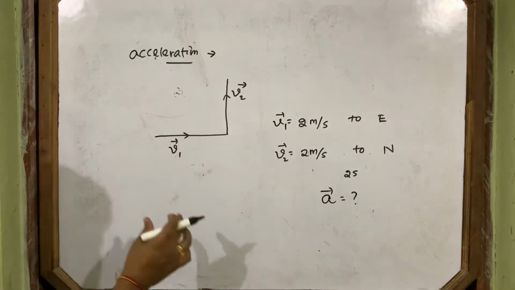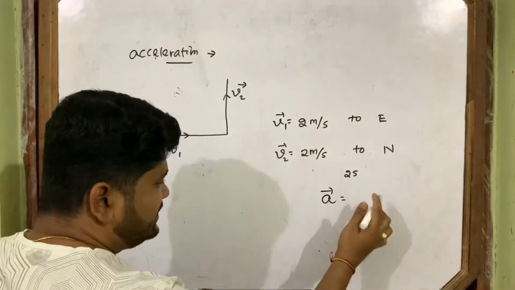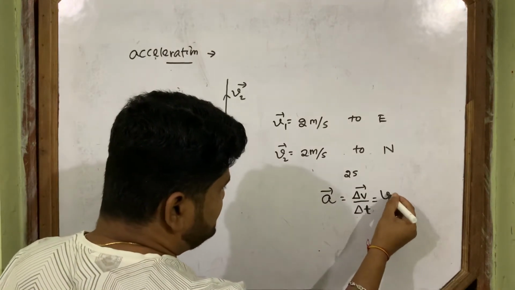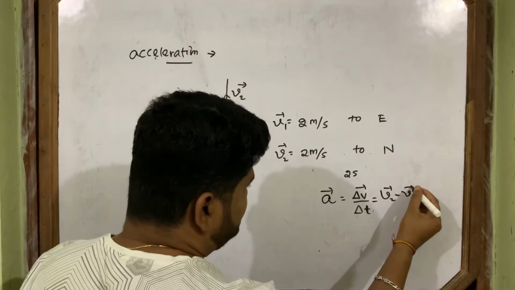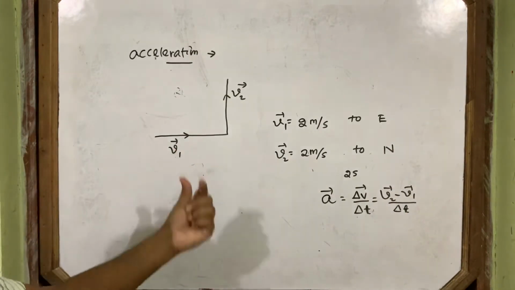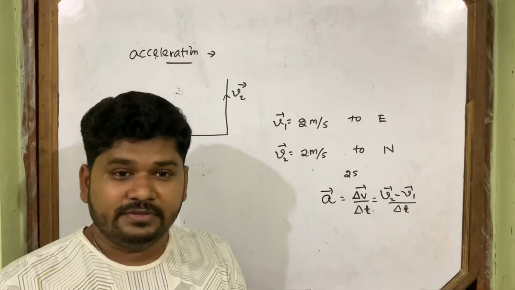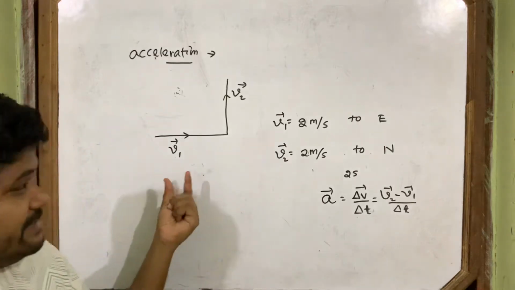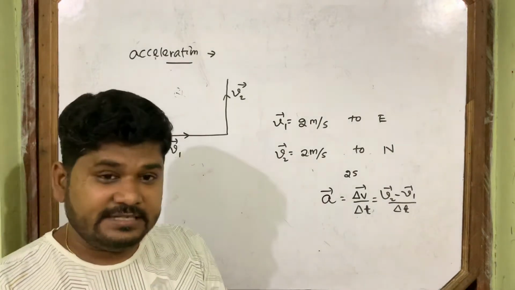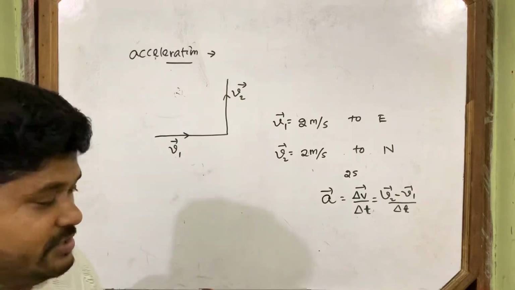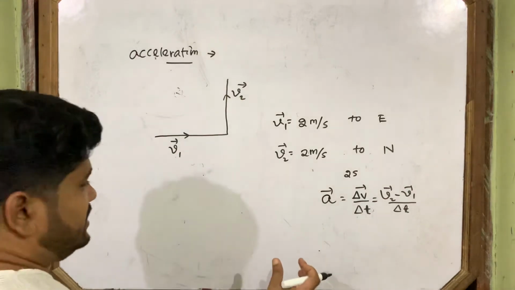To find the acceleration, means change in velocity by change in time, means V2 minus V1 divided by del T. We can also calculate this in terms of cap, but I am not going to do that. I am going to do it by the triangular law, another method. You should know all the methods to do the questions.